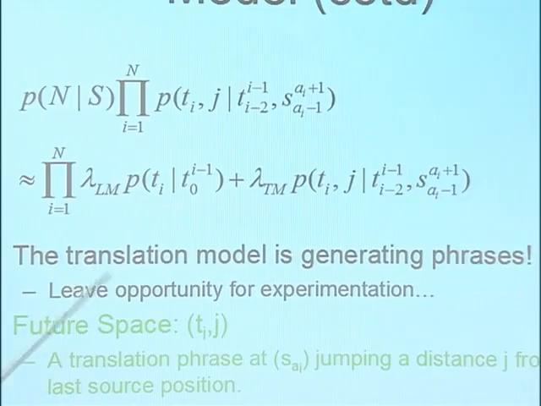Okay, so in the work that I'm going to talk about for the rest of the time, this translation model is always generating t sub i as a phrase. It's not a word, okay? I think it's still possible to do a word, but we do them as phrases right now. And the reason for this is that the language model is already doing things on a word-by-word basis, so it's tending to make things shorter.